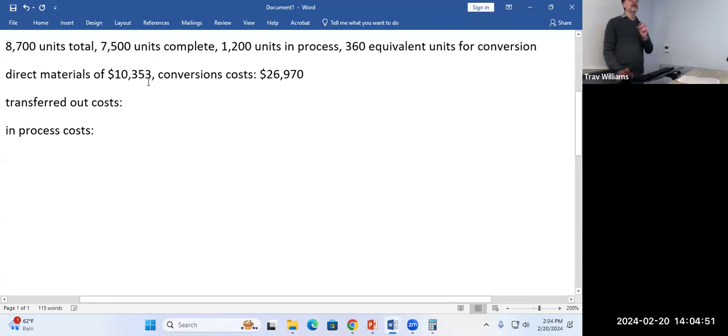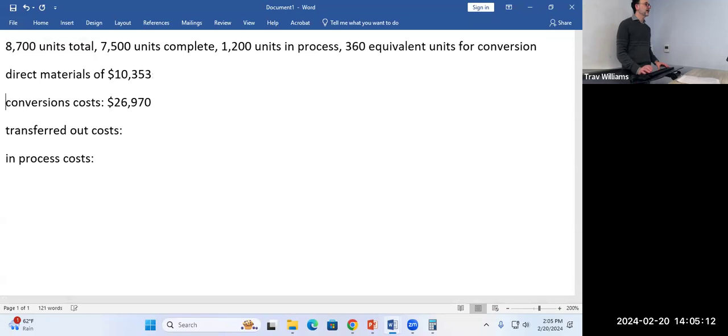So what we're going to have to do is take our direct material costs and divide it by the total number of units. Okay, because we know for materials, we're dealing with 8,700 units of materials. Let's go ahead and break this down into two separate lines here.